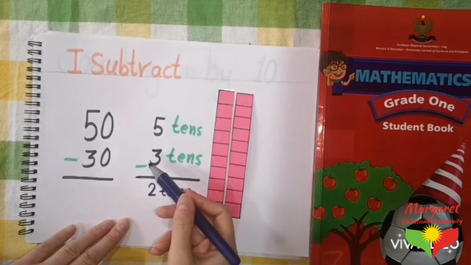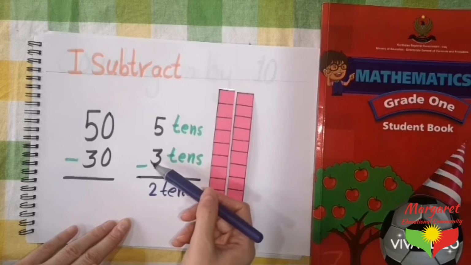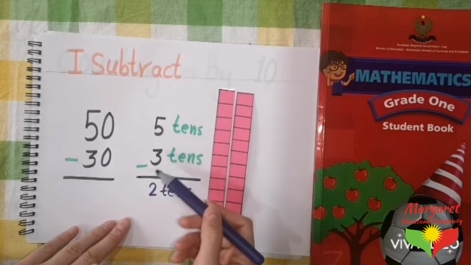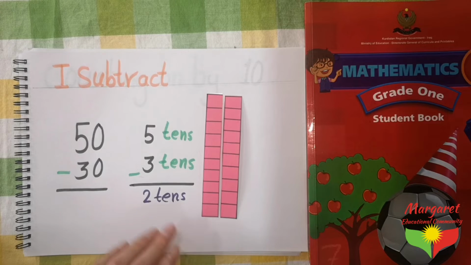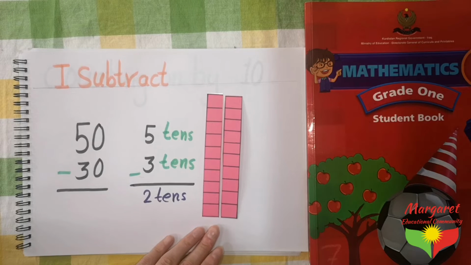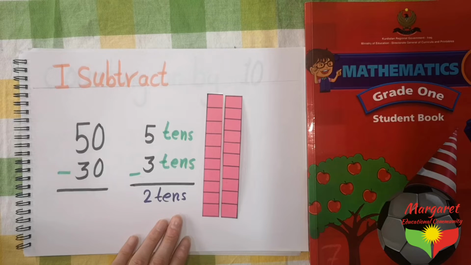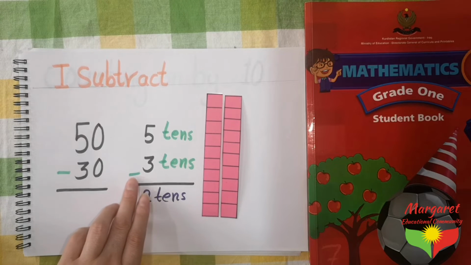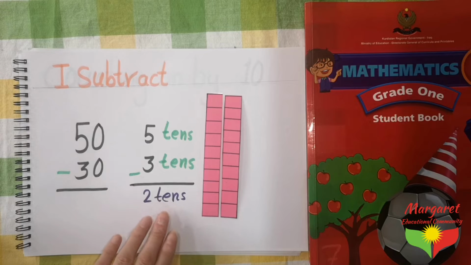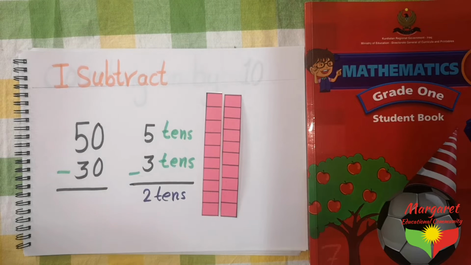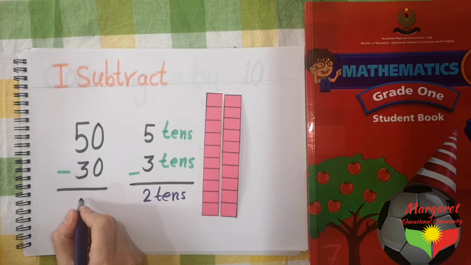So when we subtracted 3 from 5, 2 tens are left. 2 tens is the difference because we have minus. So 2 tens is 20.